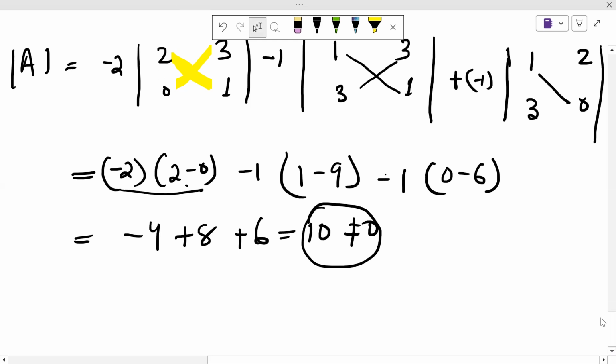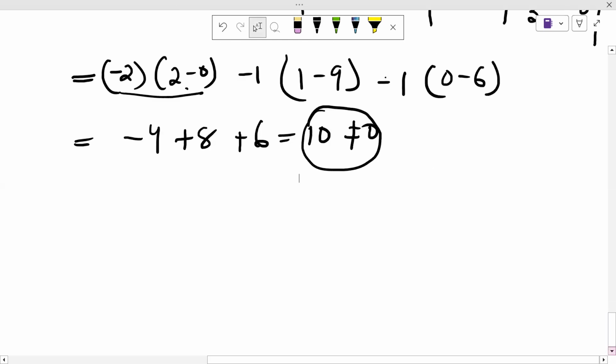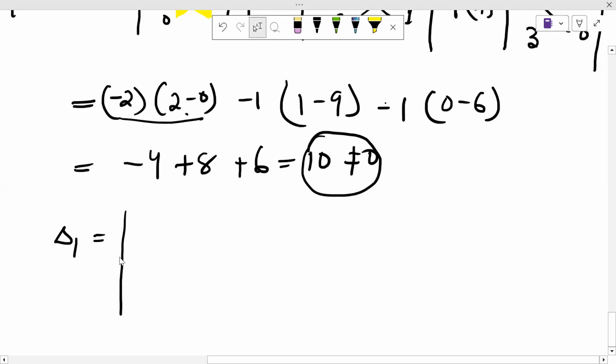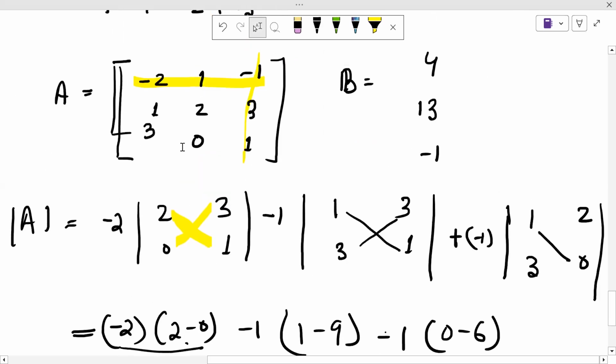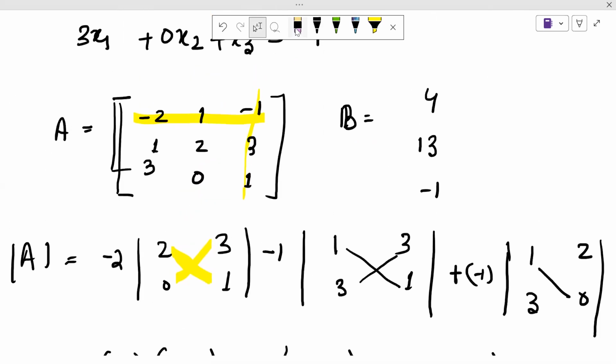So how to solve that? First of all, we evaluate del 1. Del 1 means the coefficient of x is omitted. This is our determinant, so we just solve it.